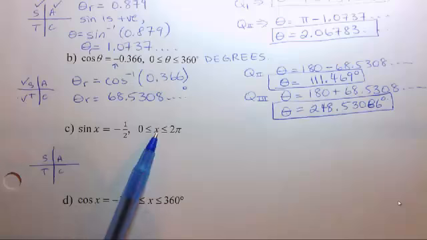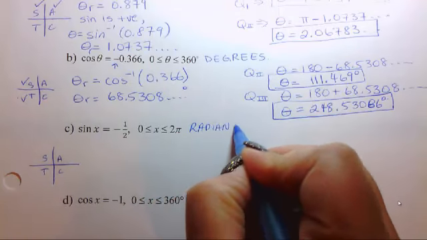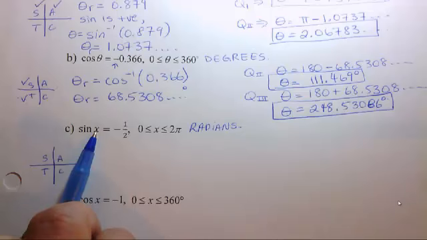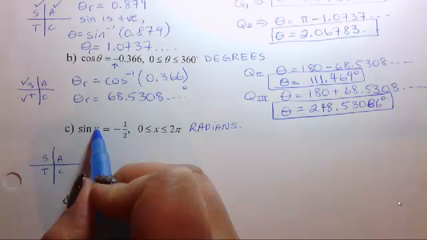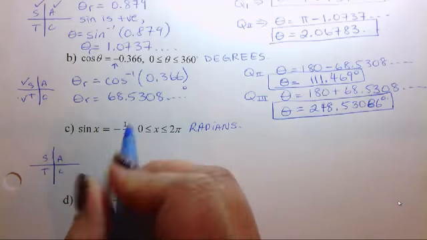Now here, we're in radians. So we need to determine the reference angle here. Sine x is just the angle here. If we were to figure out what value gives us negative a half, well, what value gives us a half?